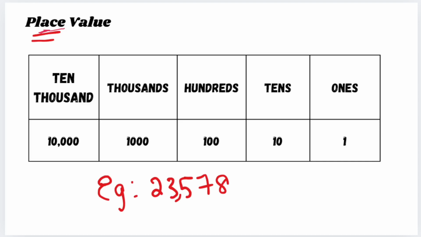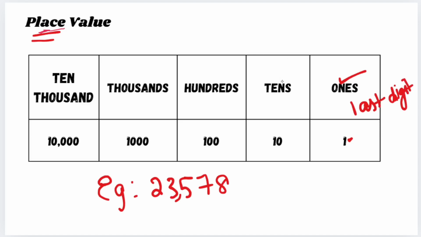It's very simple. I'll first get you in a basic way. The last number will be the ones. Always the last digit is the ones.